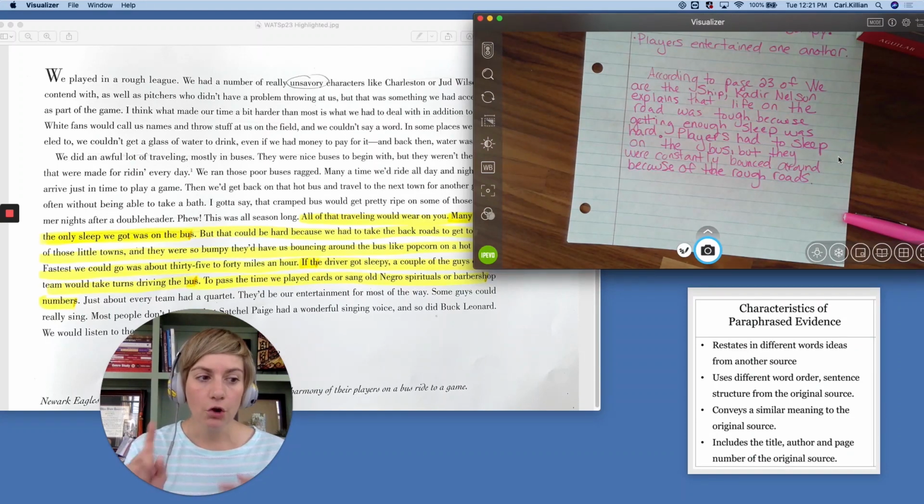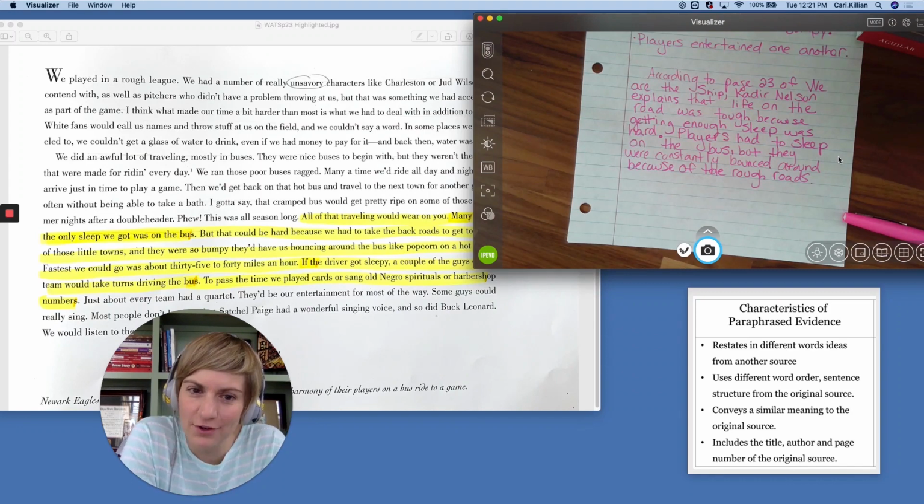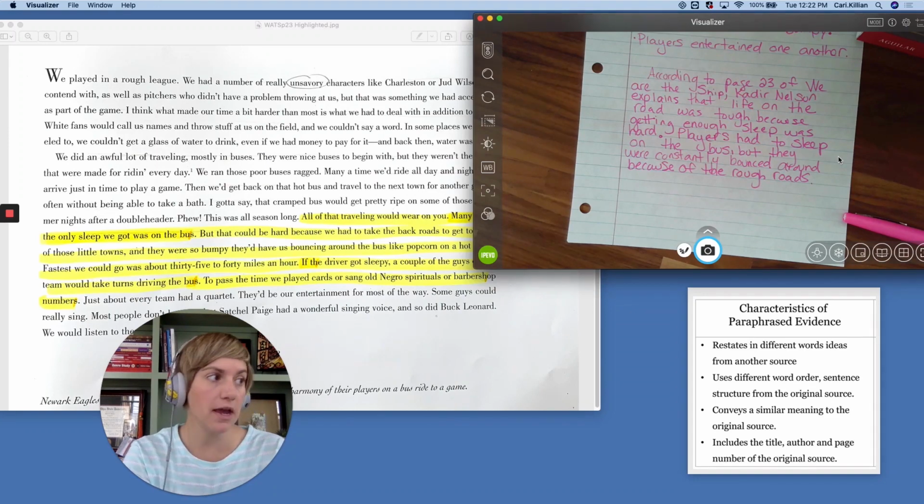Did I restate in different words ideas from another source? Thumb up or thumb down? All right, thanks. I think I did too. Did I use different word order, sentence structure from the original source? Yeah, it doesn't look like I copied the words.